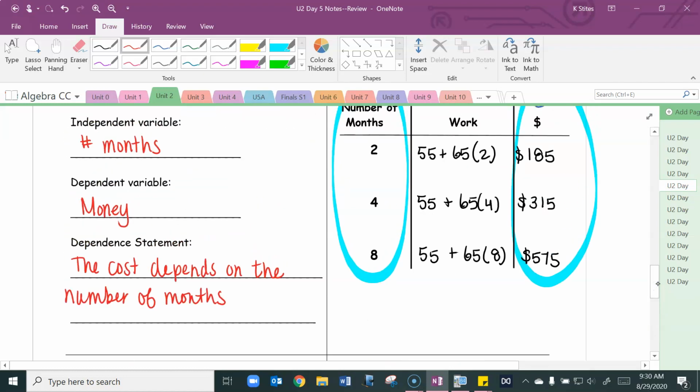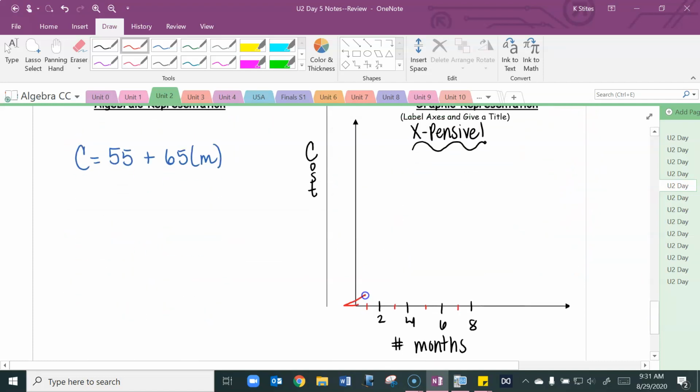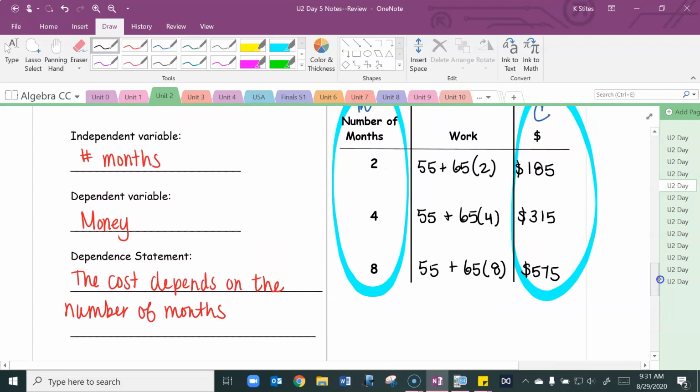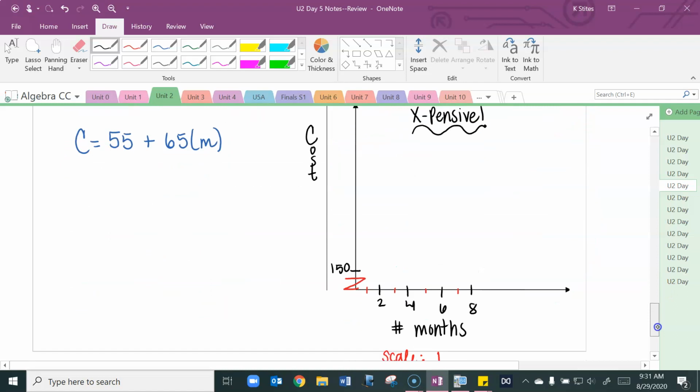For cost, I'm not starting until 185, so I am going to go ahead and do a break. And then I'll start at 150, sounds good. And I need to get all the way up to 575. So I think usually I do this.